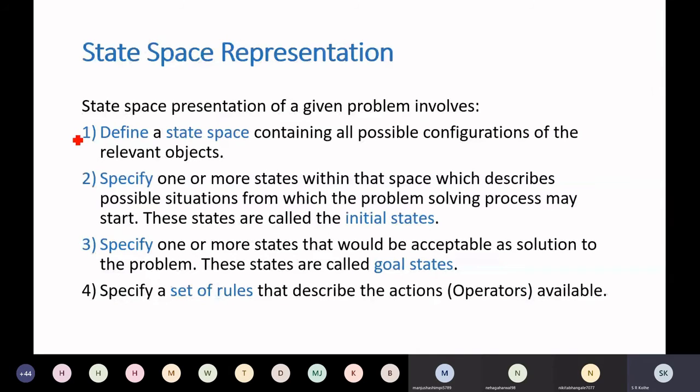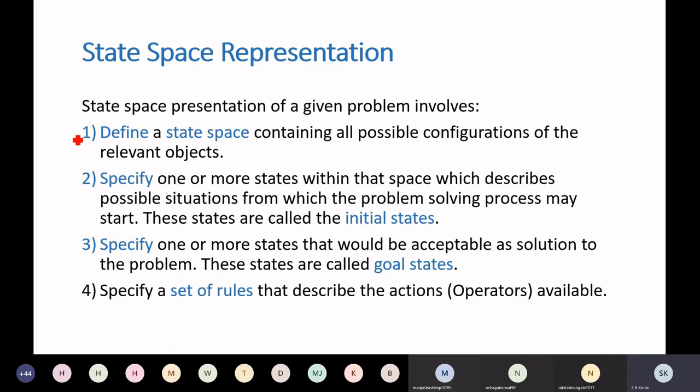How are you going to identify initial state and final states? We are going to identify the initial state and final states or goal state from the problem that we are trying to solve. So from the problem definition, you are going to identify initial state and final state. And again, that problem will have a certain set of rules.